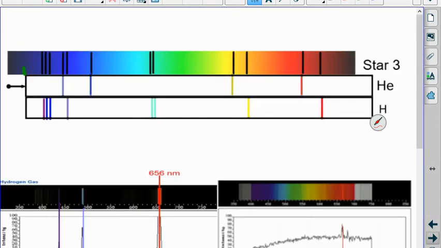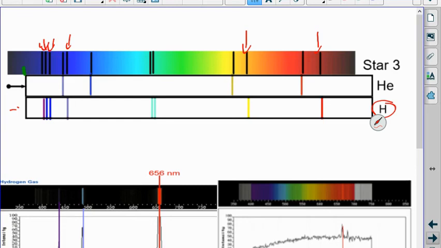Then we did this, and so you are going to need to do this on the test as well. Remembering that every star in the universe contains hydrogen, and therefore will have absorption lines from hydrogen. And that if we match those absorption lines up with hydrogen itself, we can determine whether or not it is redshifted.